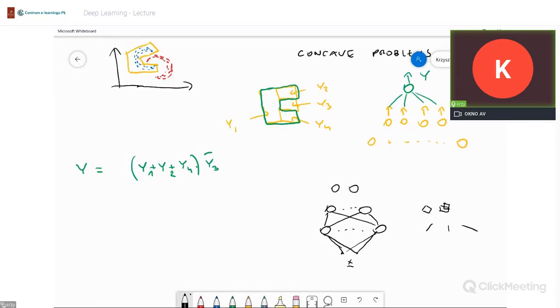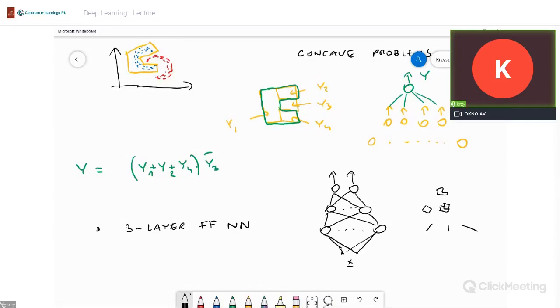Then I have neurons of the third layer, and what they do is, for example, form regions that are concave. So I have a 3-layer feed-forward neural network, and a 3-layer feed-forward neural network is theoretically capable of solving any data classification problem because there is nothing more complex than convex regions.